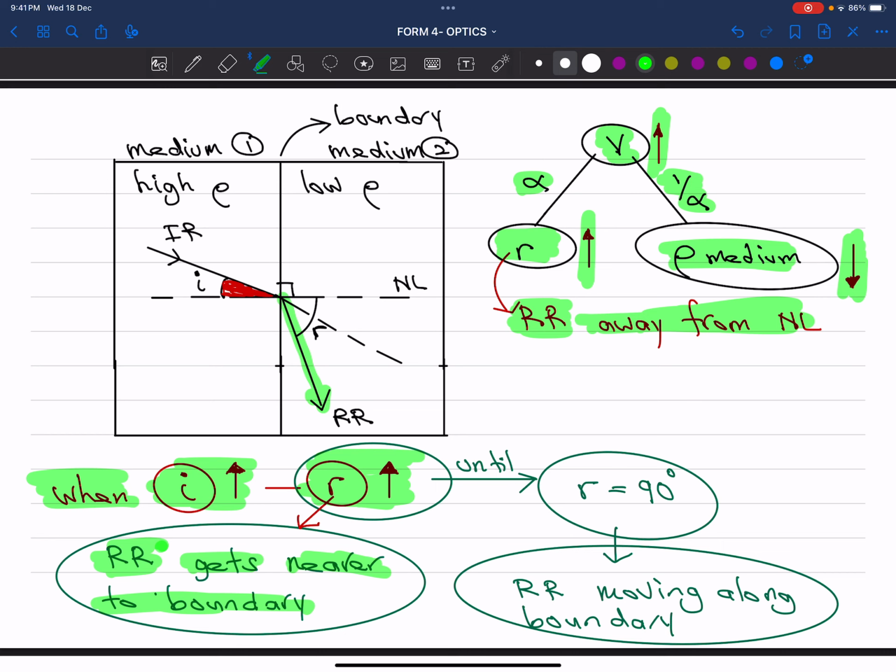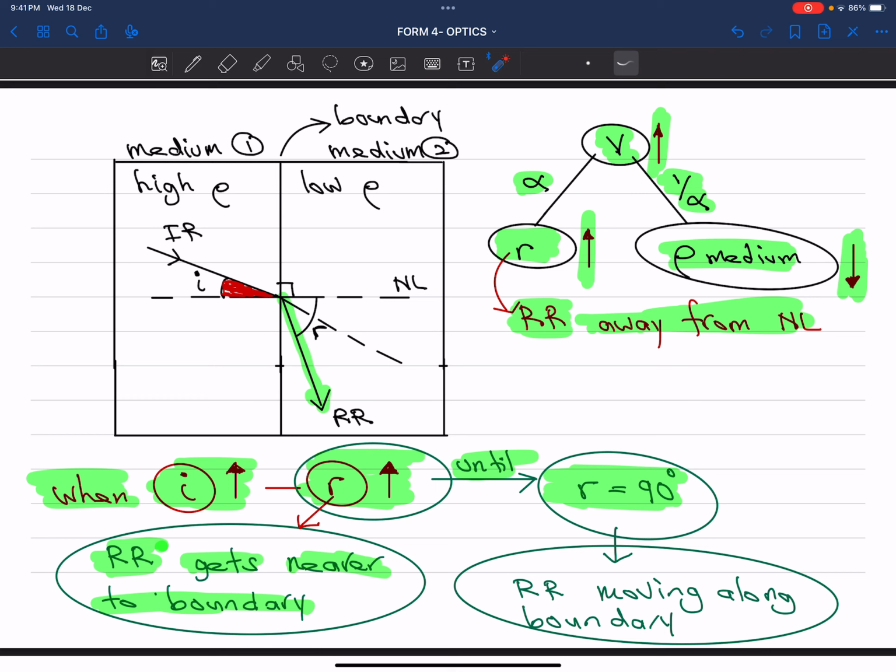And this R will increase until the R becomes 90. The angle of refraction R will increase until the R becomes 90. Now what is the meaning of R becoming 90?